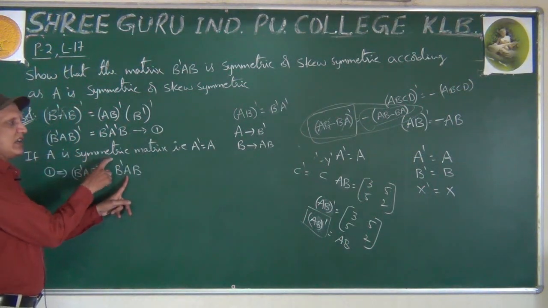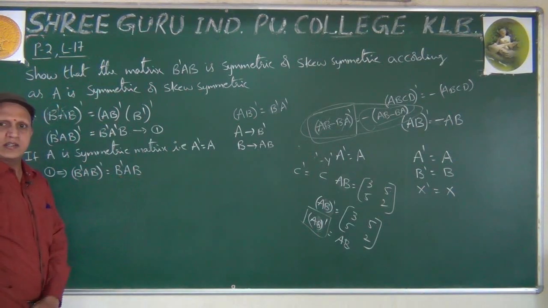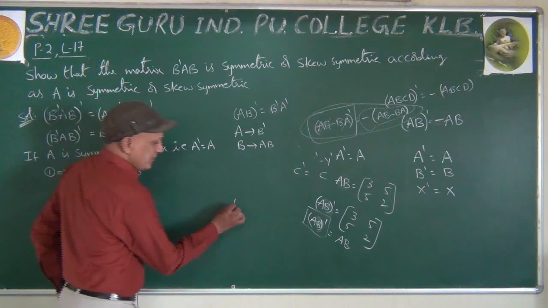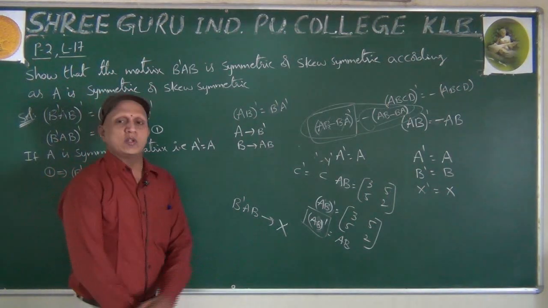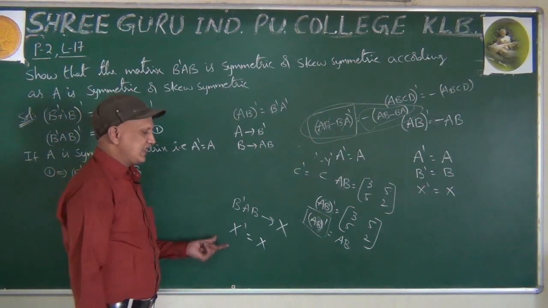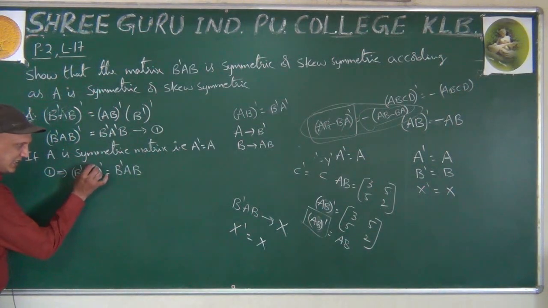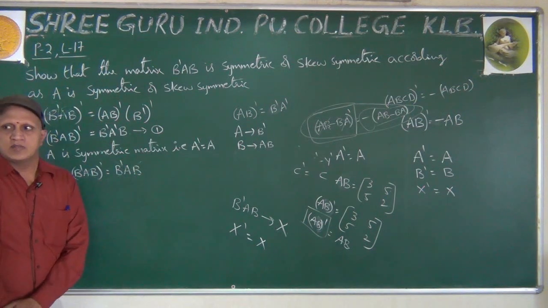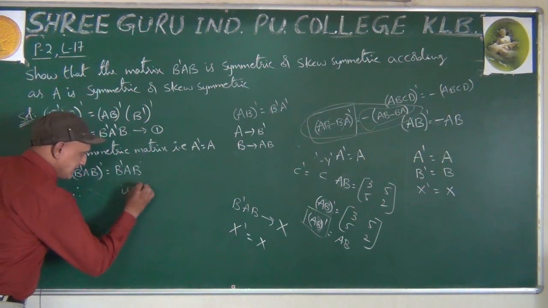Because we are considering A a symmetric matrix. If A is a symmetric matrix, then B dash AB is a symmetric matrix. See, B dash AB, consider it as X. How can we prove that X is a symmetric matrix? X dash equal to X. If X dash equal to X, then X is a symmetric matrix. Therefore, X is a symmetric matrix.